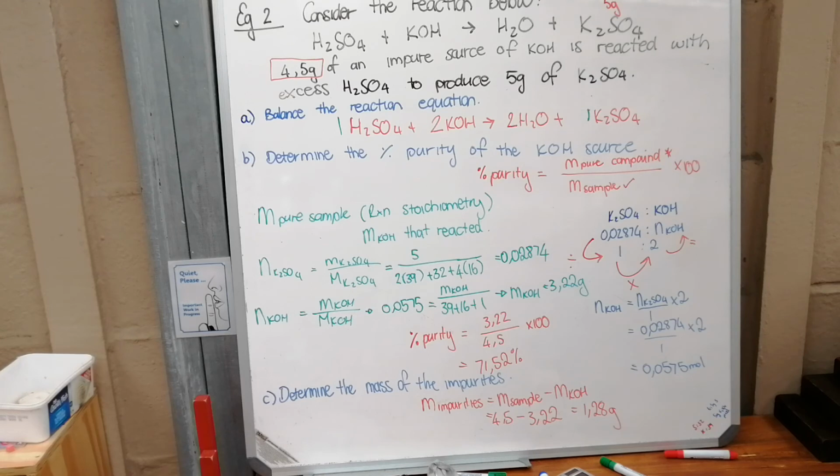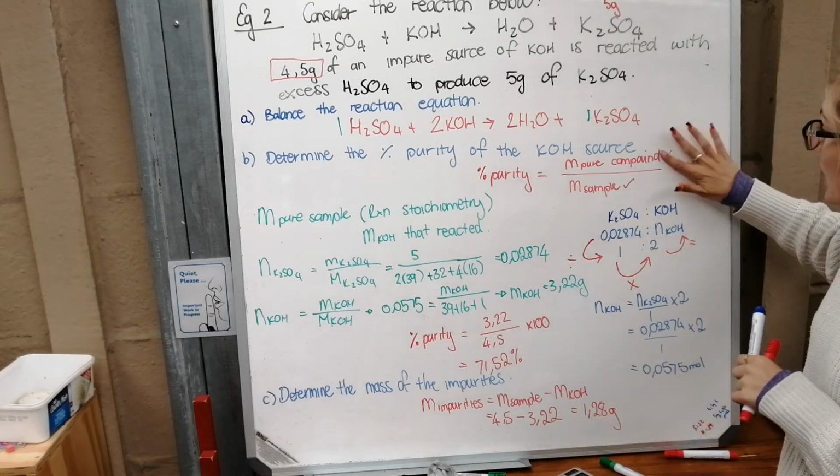Okay. This is sort of normally the last question of the stoichiometry section. It'll usually either be this or percentage yield, which is still coming. They can also actually ask it slightly differently, that's worth noting.